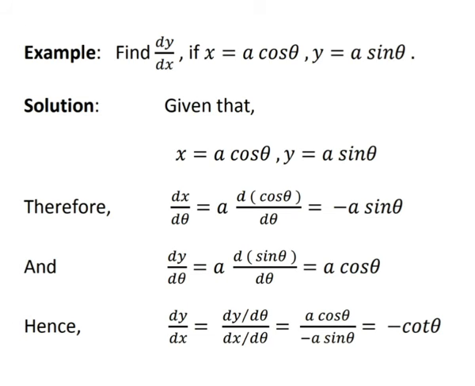On the screen you have a problem given to you. You can see that x and y are variables, and x and y change only when theta changes, and they change at the same time because they both depend on theta.